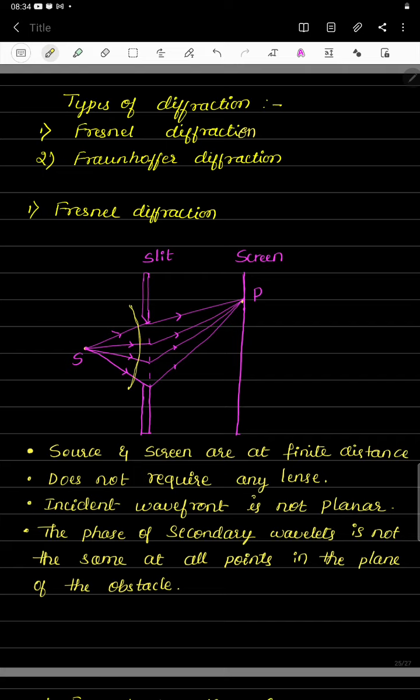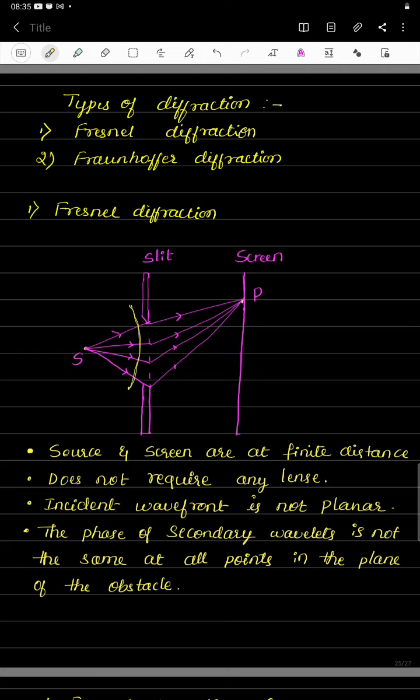The condition to get a plane wavefront is that the source should be at infinite distance, or else with the help of lenses we can get the plane wavefront. Here it does not require any lens, and the source is kept at finite distance, so the wavefront coming from such a source is considered to be spherical, or not planar.